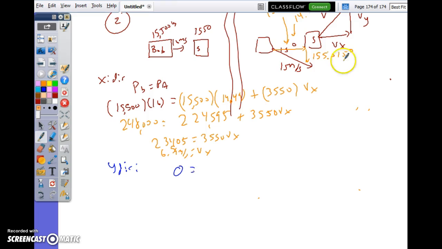And then to figure out this component here, I got 15,500 times this component right up here, right? So since that's the case, I'm going to go 15 sine 15. And I get 3.88 meters per second. Does that make sense? So this is just 3.88.